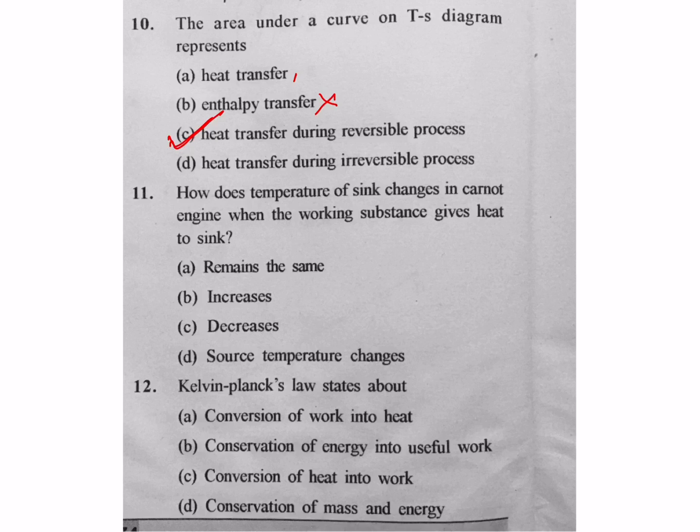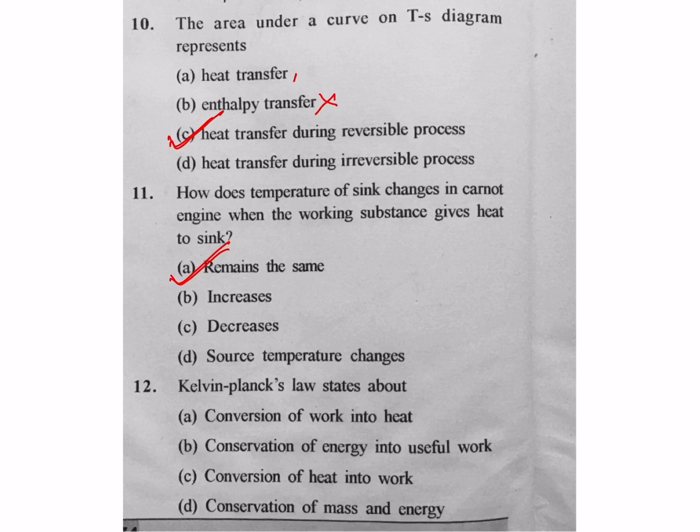Next question, how does the temperature of sink change in Carnot engine when the working substance gives heat to sink? Sink and source both have infinite heat capacity, so temperature will remain unchanged. From options, remains the same. A is your correct answer.